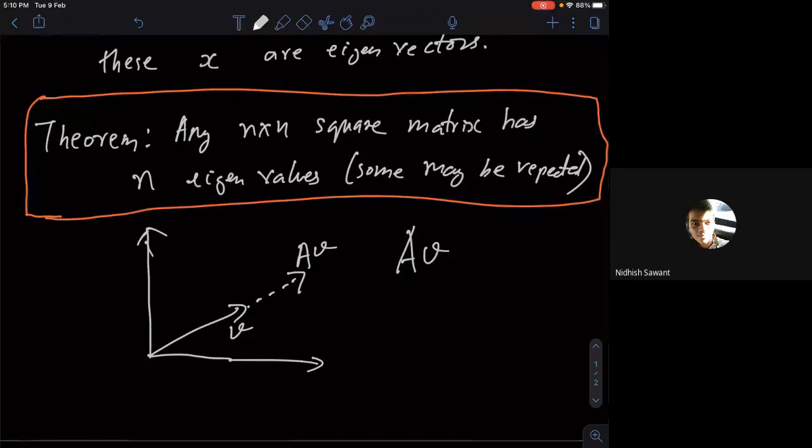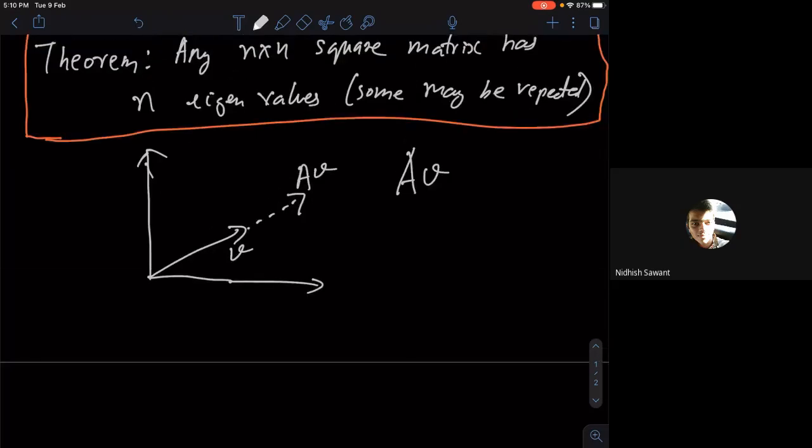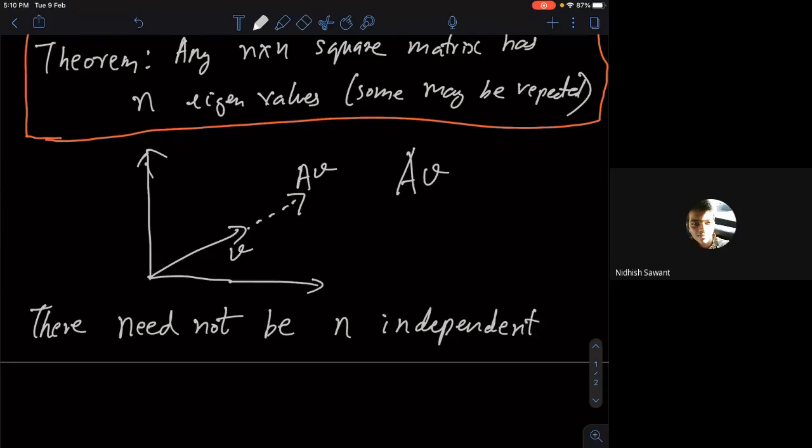We also said an important property of eigenvectors. We observed the following fact: there need not be independent eigenvectors for a matrix A. Okay, so this is a crucial fact.